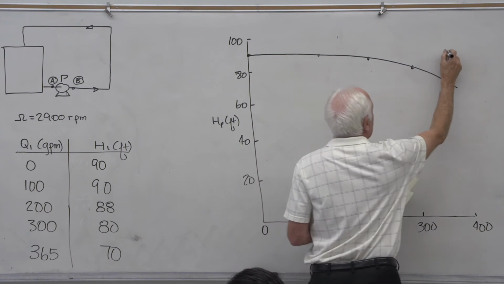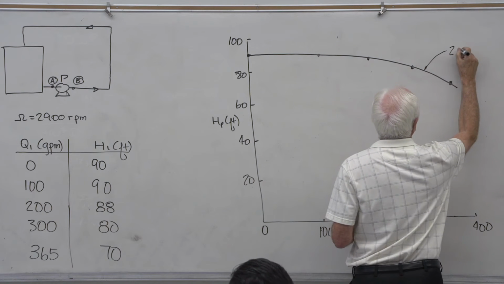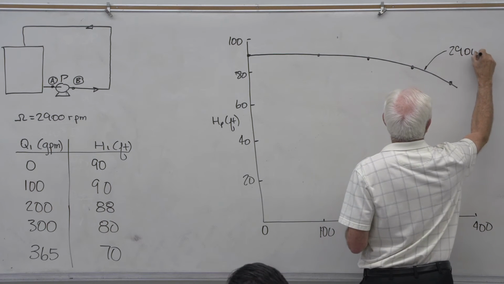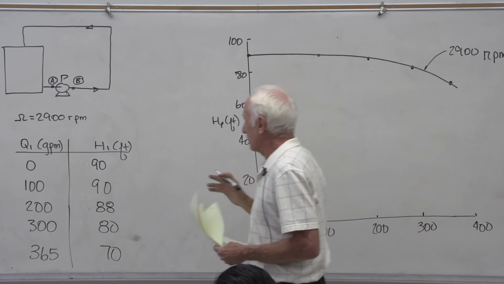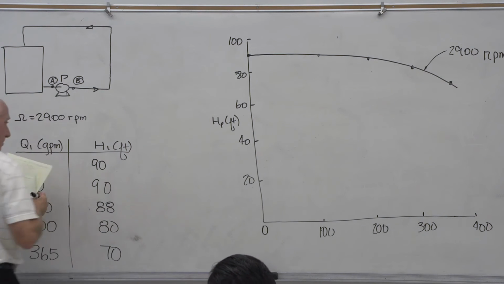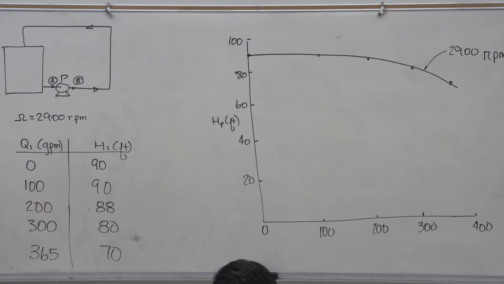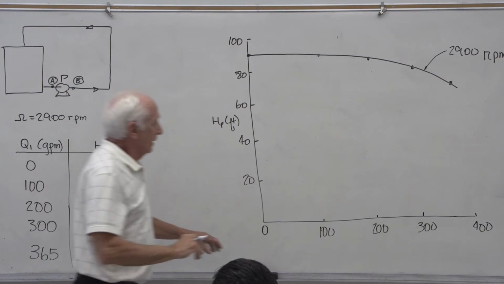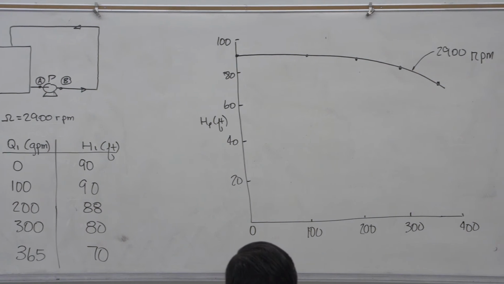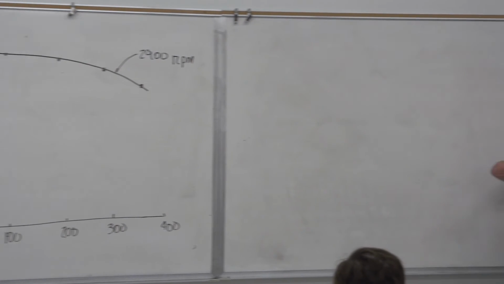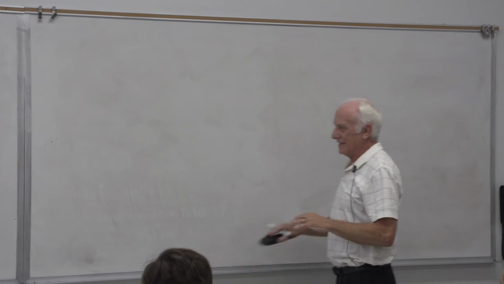Okay, there's the pump head at 2,900 RPM. So that's what you did in the ME313 lab. And this is the beauty of dimensionless numbers. Somebody says, you know what, I made a mistake.